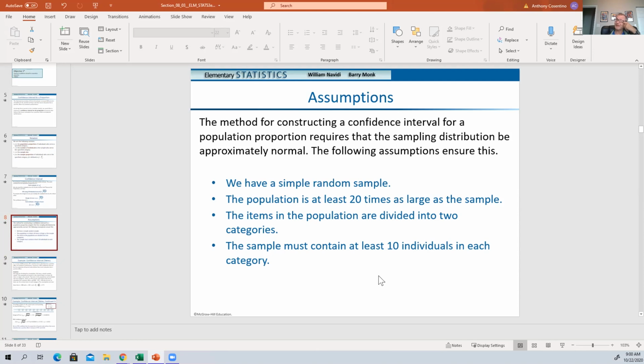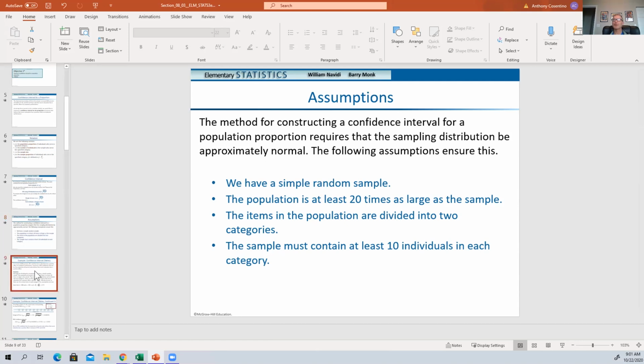This is appropriate right now because you could think about the two categories of an election: you vote for one person or another person. So here it's parents that think music is positive, and then obviously the others would say negative. And the sample must contain at least 10 in each category.